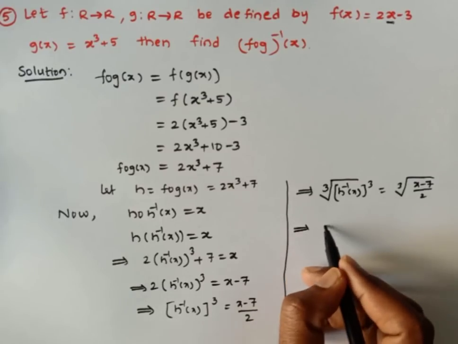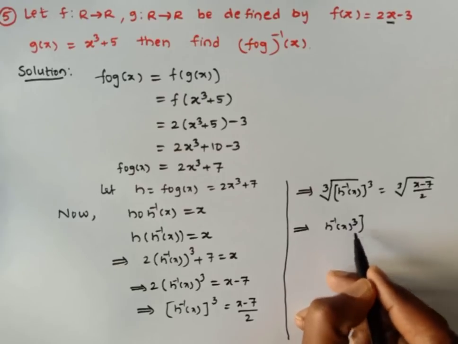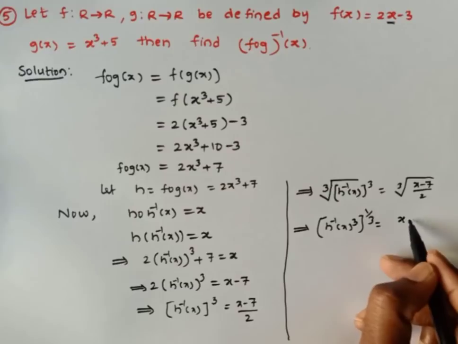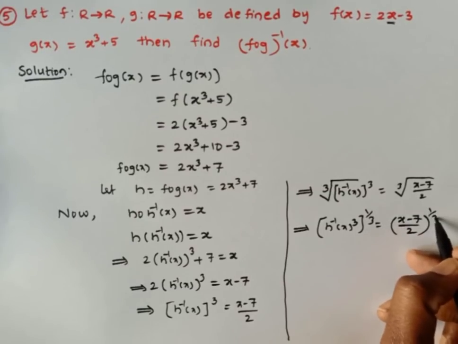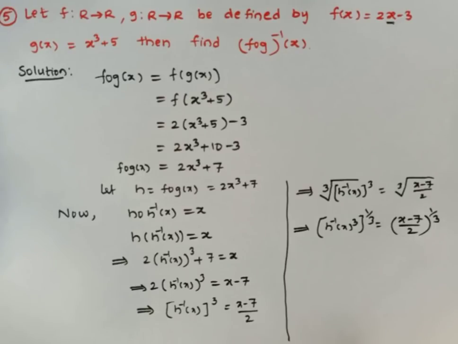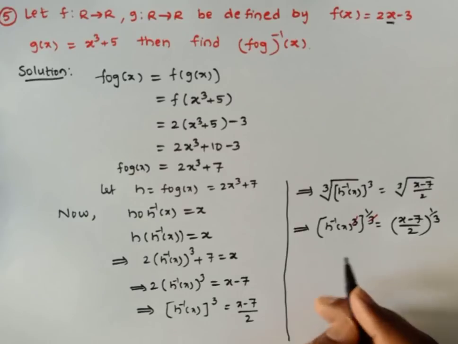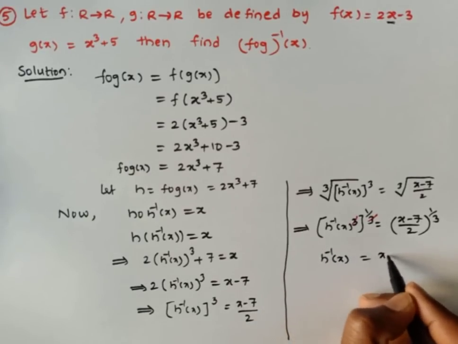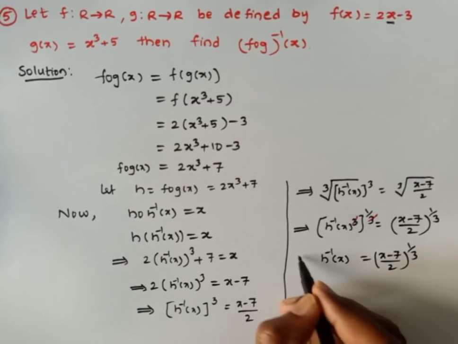Now this cube root is nothing but the power 1 by 3, right? H inverse of x whole power 3 whole power 1 by 3 is x minus 7 by 2 whole to the power of 1 by 3. Now here 1 by 3 and 3 get cancelled. Therefore our h inverse of x is nothing but x minus 7 by 2 whole to the power of 1 by 3.